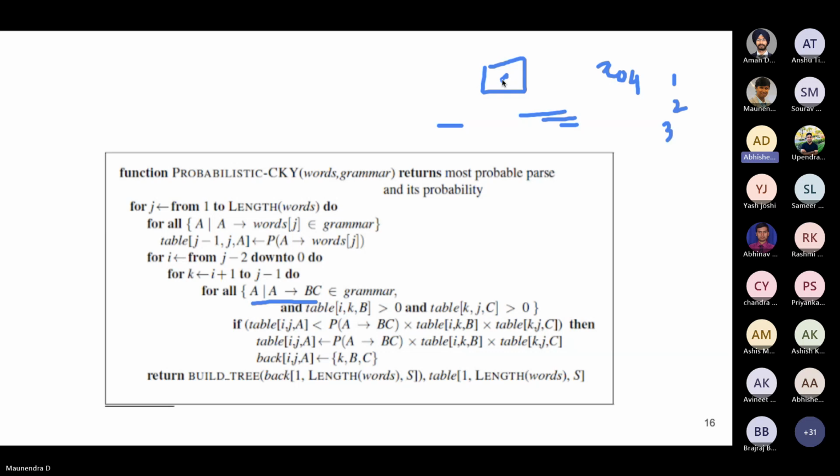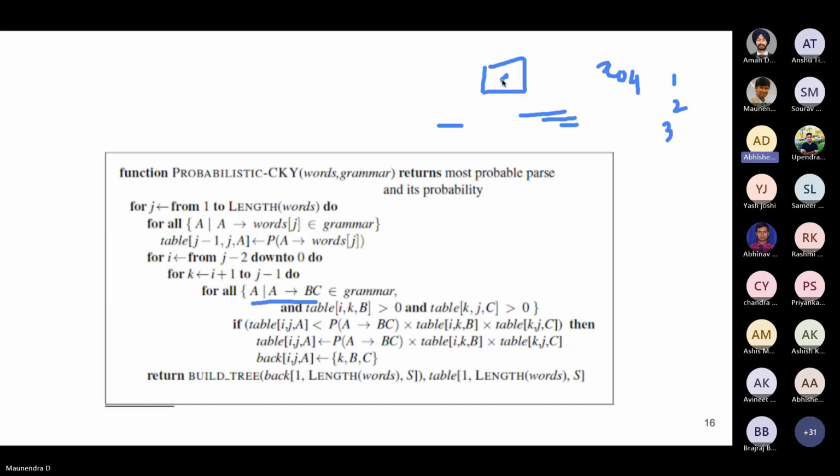It's not the probability, right? It's the rule itself which is getting updated. But it's the probability we are storing, right? At I, J, and A.